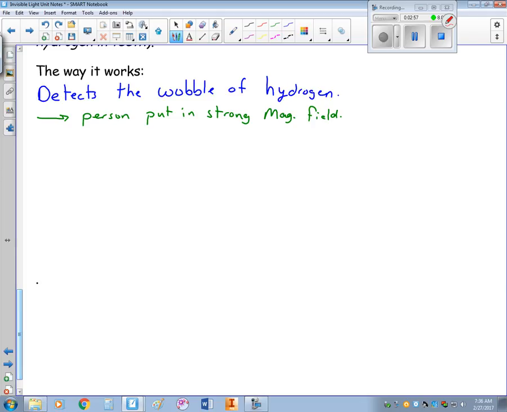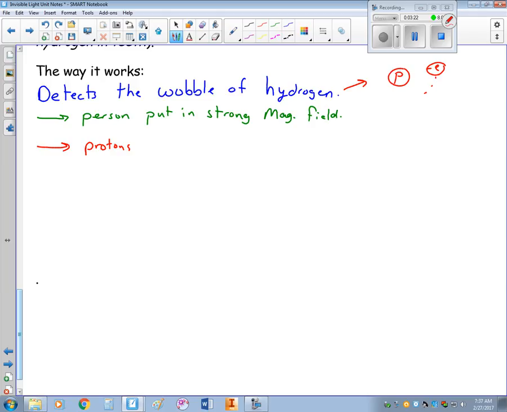Protons act like tiny magnets. So they respond to the external magnetic field, and that causes the protons to line up. Now I say protons because remember that a hydrogen atom is really just a little tiny proton with an electron around it. So by talking about protons, I'm still talking about hydrogen here.